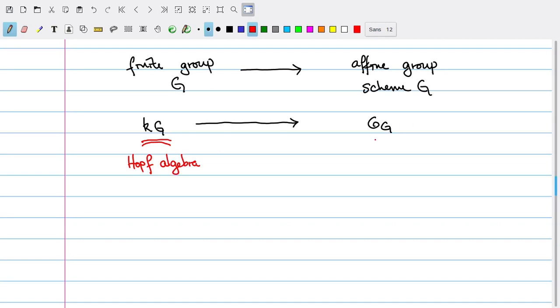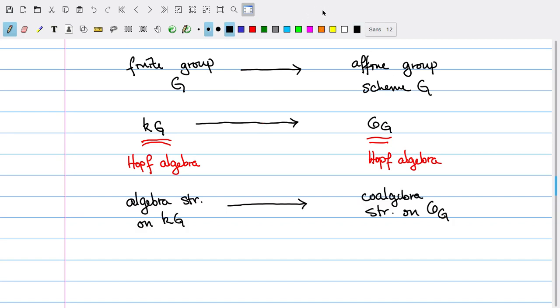Similarly, we know that OG has a Hopf algebra structure. So this correspondence is such that the appropriate Hopf algebra structure, the one which is already commutative always, is going to be sent to the same sort of algebra structure on the right-hand side. So the typical algebra structure we think about for KG is actually the co-algebra structure under this correspondence.